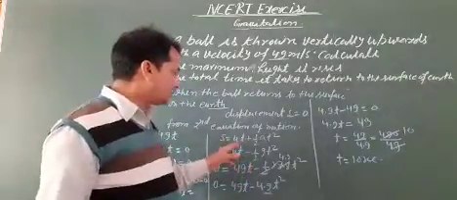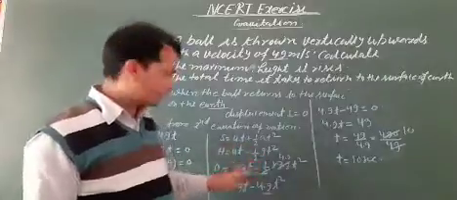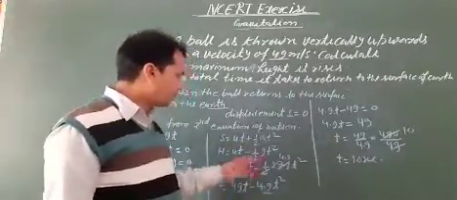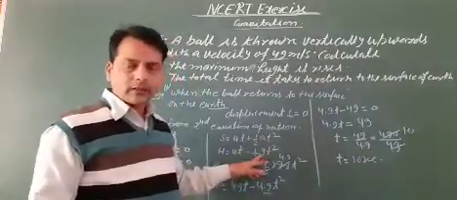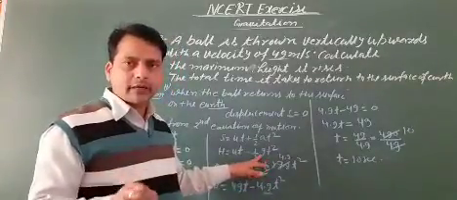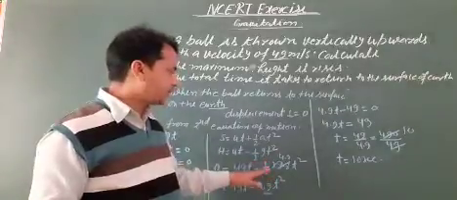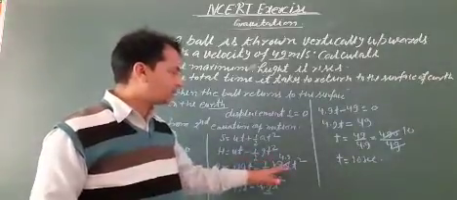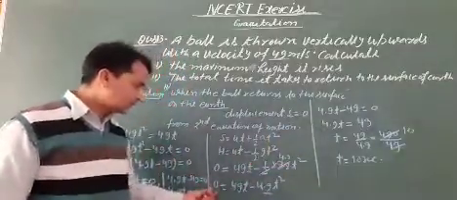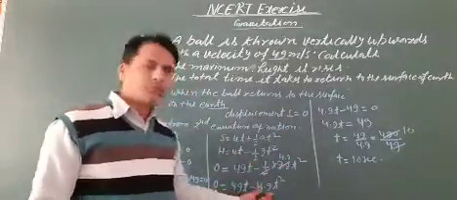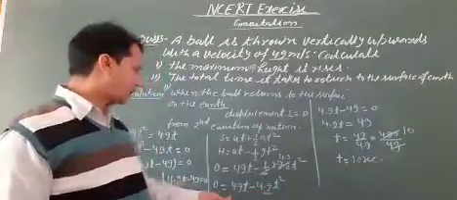Then put the value of initial velocity, that is 49t minus 1 by 2, and the value of g, we know that g equal to 9.8 meter per second square. So put the value of 9.8 here into t square. Then 0 equal to 49t minus 4.9t square.